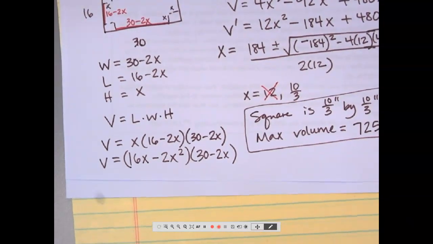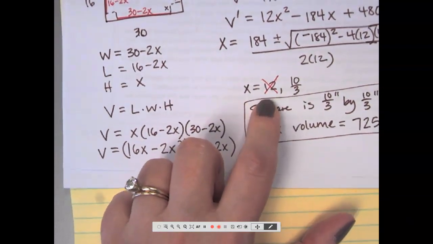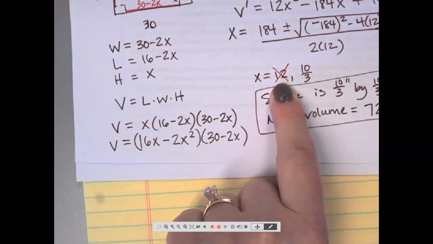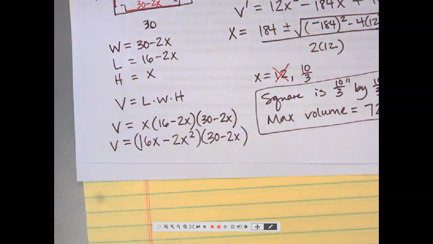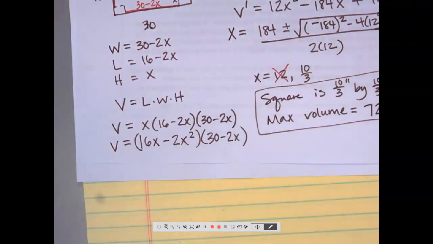Let's say that this answer was 5, which would be a feasible answer. Then I would set up a sign chart with the 5 and the 10/3, figure out where the derivative is positive and negative, and then picture increasing, decreasing, and figure out which is the min and max.